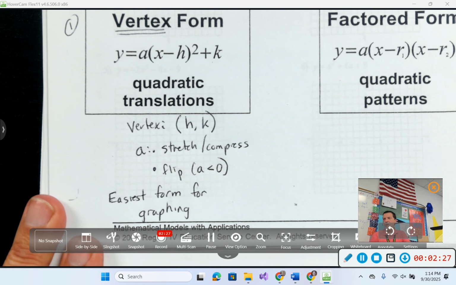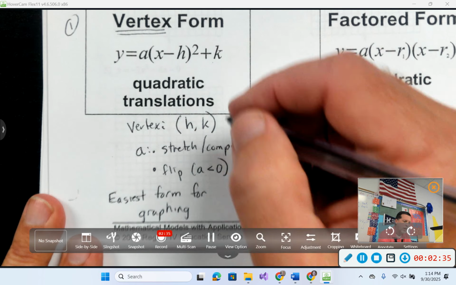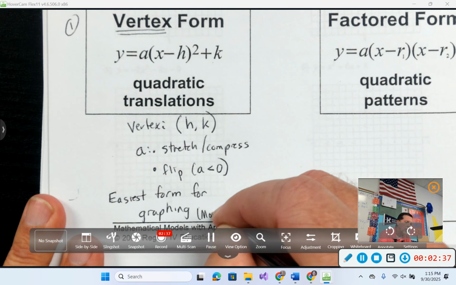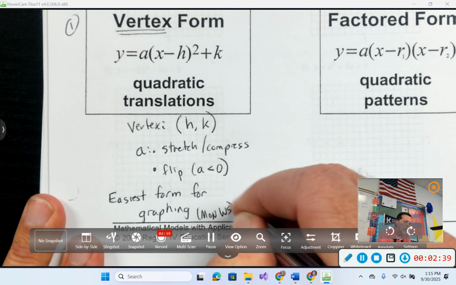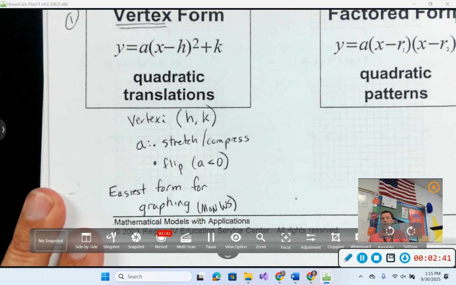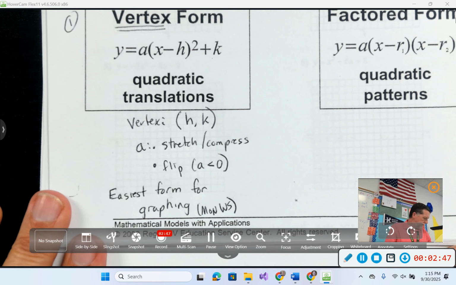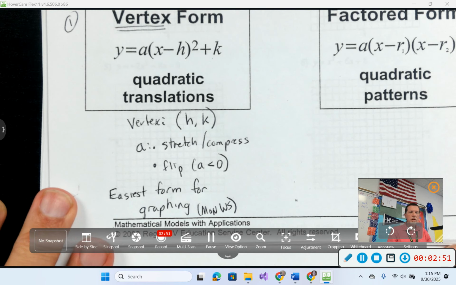And then the A is right there if you need a stretch factor on your 1, 2, 4. And so we like that format for graphing. That was Monday's worksheet. Make some connections. Okay, I don't know that we need to say much else about vertex form.